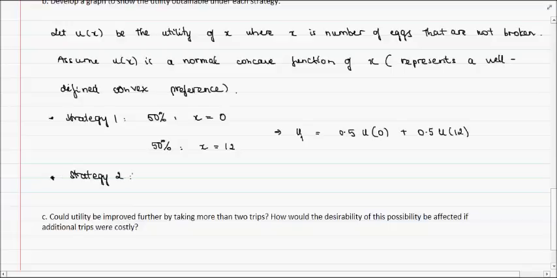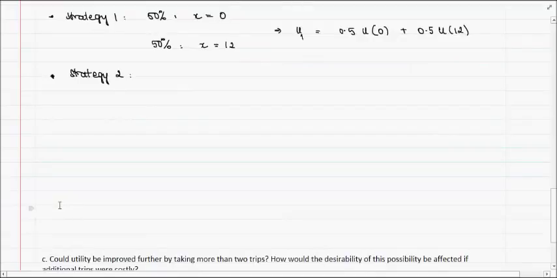So we come to strategy 2. We know that in strategy 2, there is a 50% chance for the first trip.